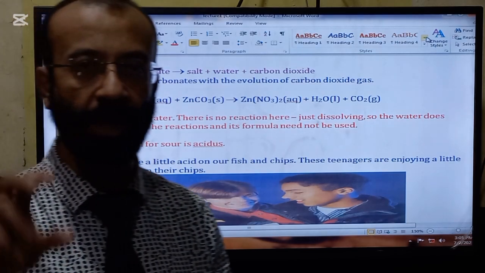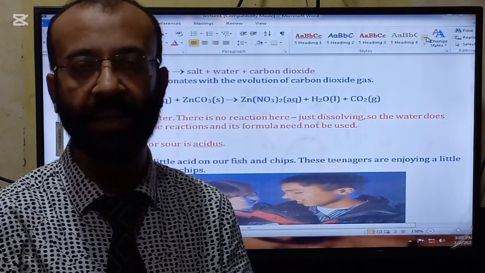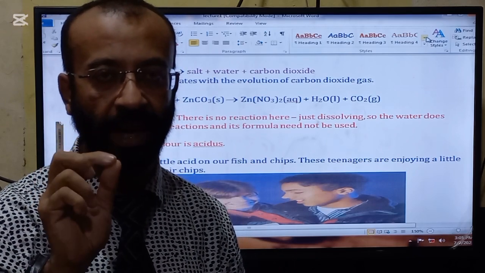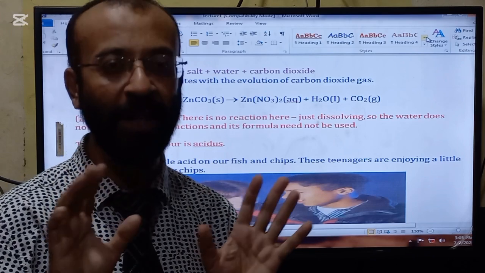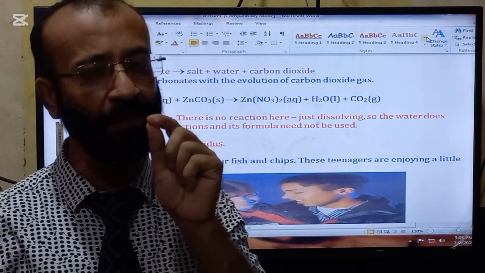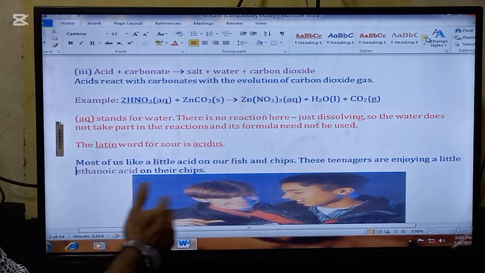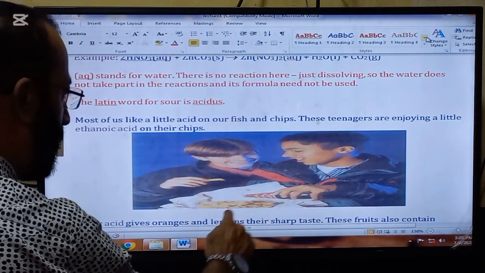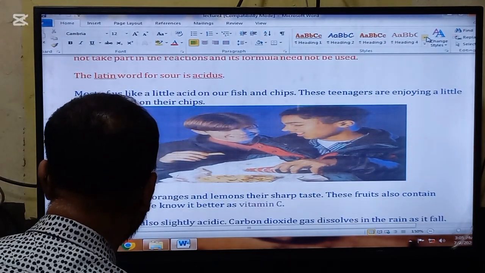The ketchup which we put on the fries or fish or nuggets has a weak acid. That's why the taste that we feel is sour and we enjoy it. That weak acid is called ethanoic acid. So this is the acid that we like. Look, they are putting ketchup on their fries and nuggets and enjoying them.